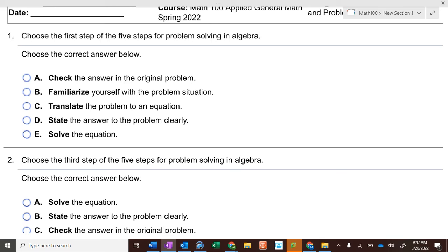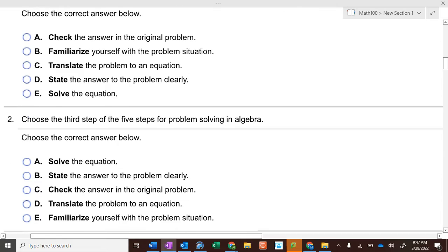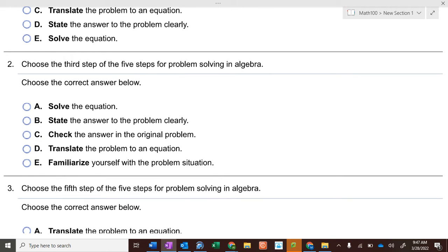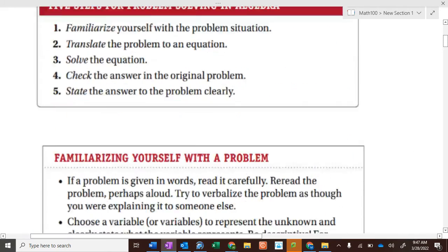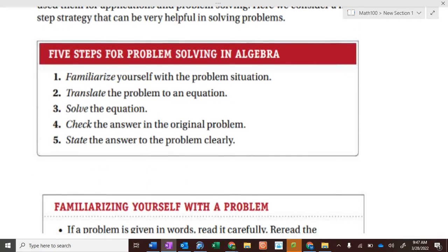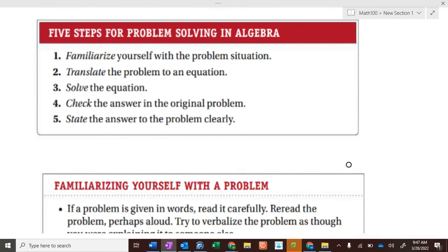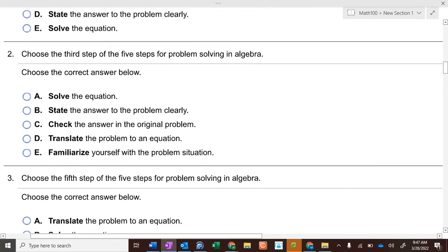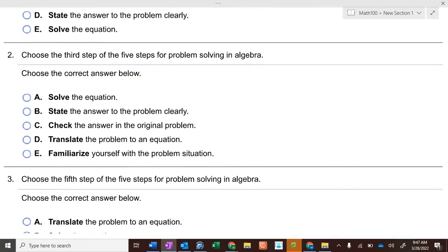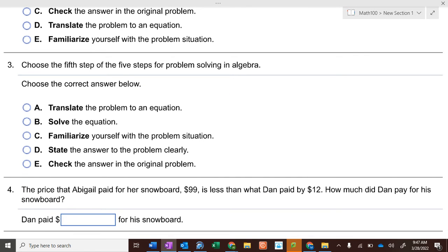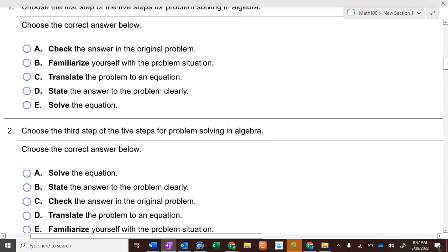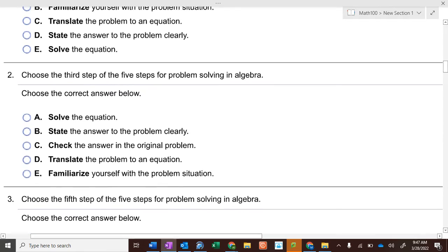So what's the first step? B, familiarize yourself. What's the third step? D, translate it into an equation. The second step is translate it into an equation. The third step is solve the equation. What's the last step? D was wrong.